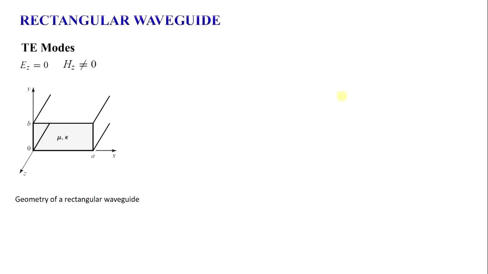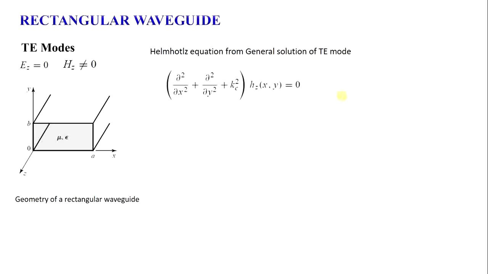Now, in order to solve for Hz, we will use the Helmholtz equation which we have found from the general solution of the transverse electric mode, which is given by this equation. Here Hz is a function of x and y only.